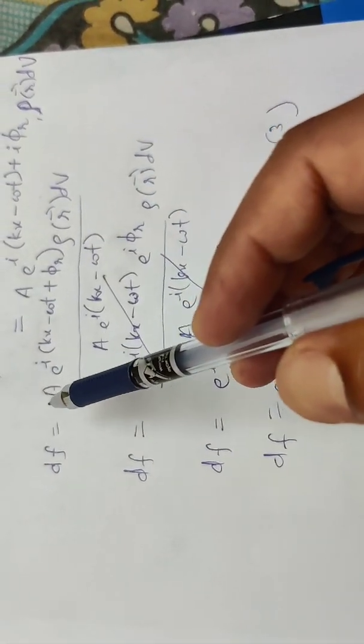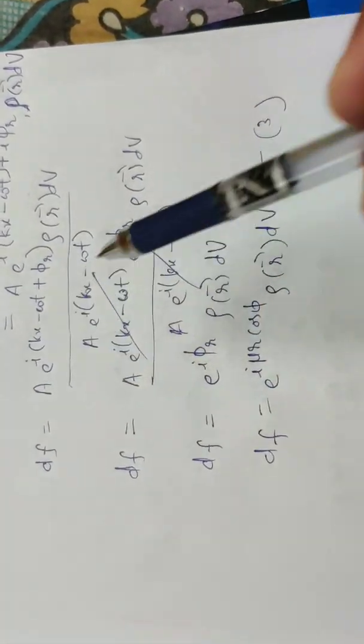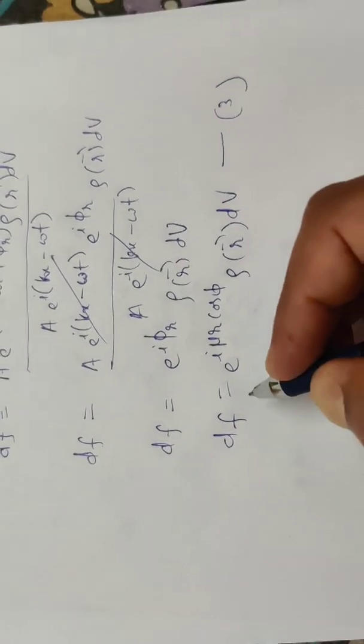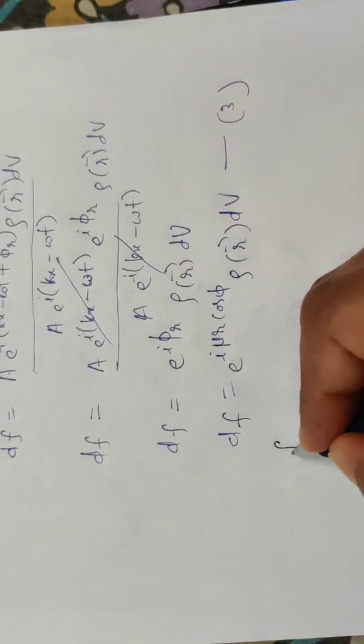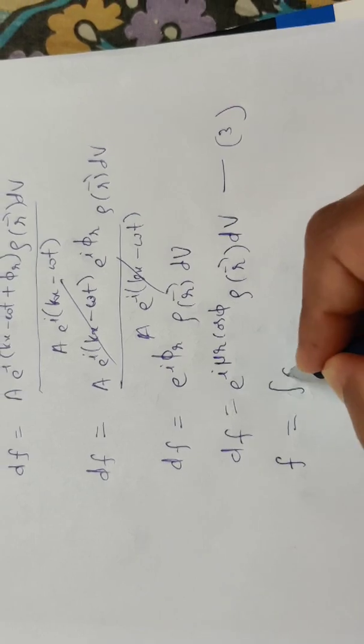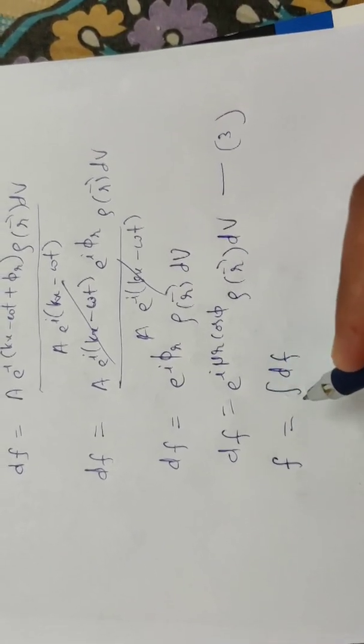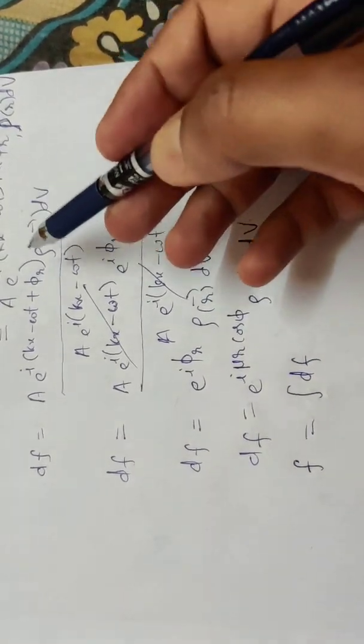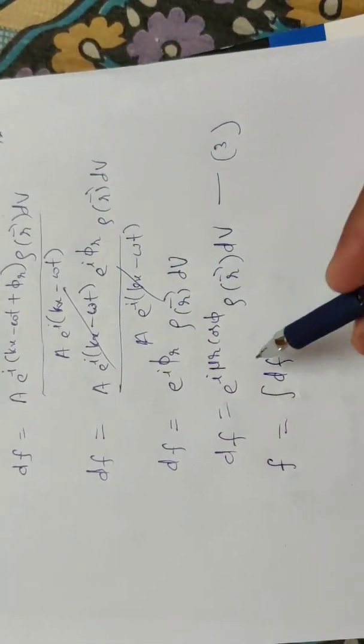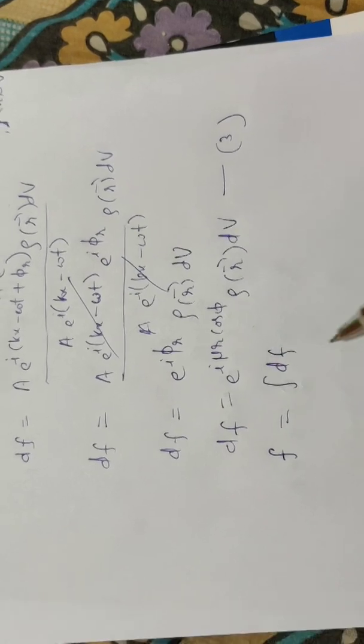Now if you want to find this for the whole atom, you will integrate this df over the whole volume charge distribution. This is only for a volume charge element. To find the full one, you have to integrate over the whole atom.